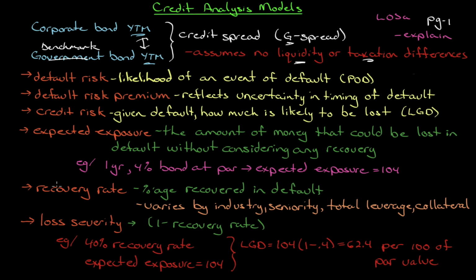Default risk, likelihood of an event of default. And POD is the probability of default. Default risk premium. This reflects the uncertainty in the timing of default. And let's see if I can distinguish between those two for you so that you understand the difference between them clearly. Let us say that we have a 5-year bond.